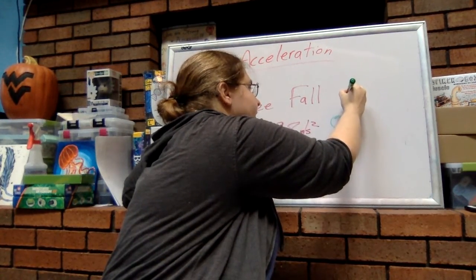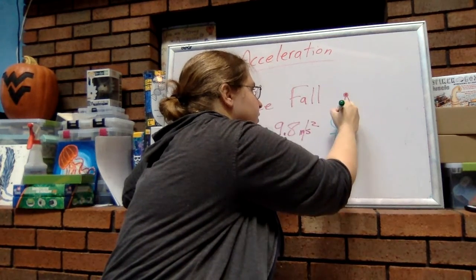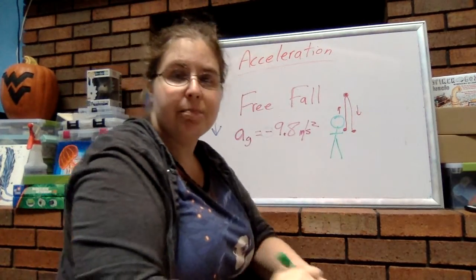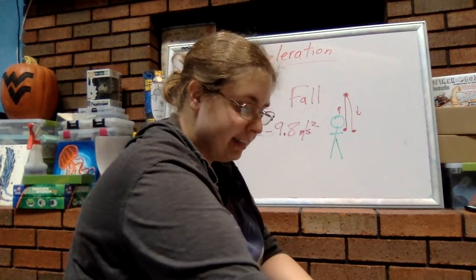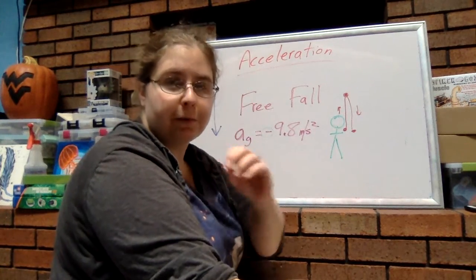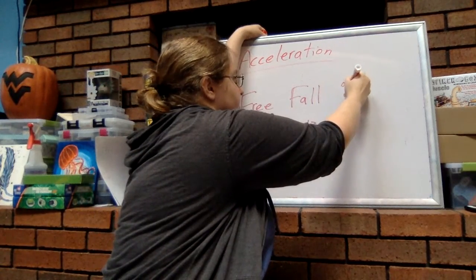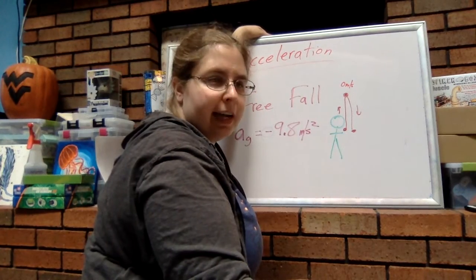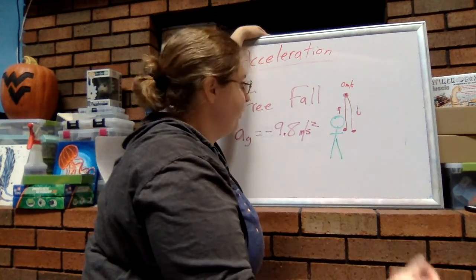Now, at this peak, it goes up, hits the peak, comes back down. At that peak, the interesting thing about it, like we said, it's zero. For a fraction of a moment, it has zero velocity. It doesn't move. It actually pauses for a moment as the acceleration is changing.